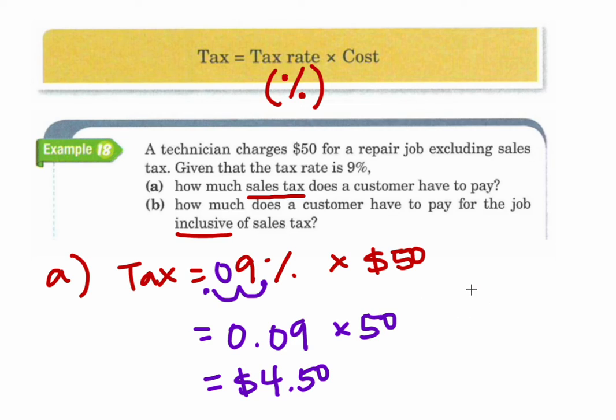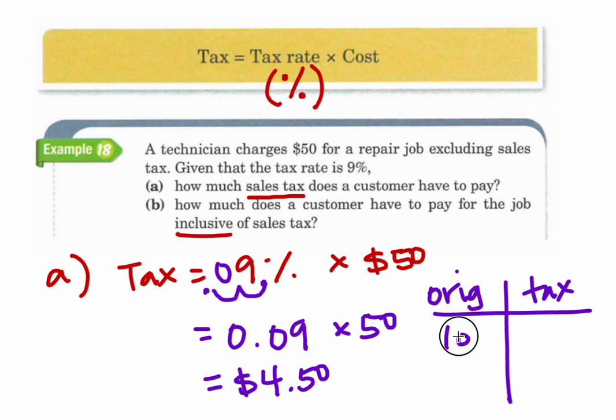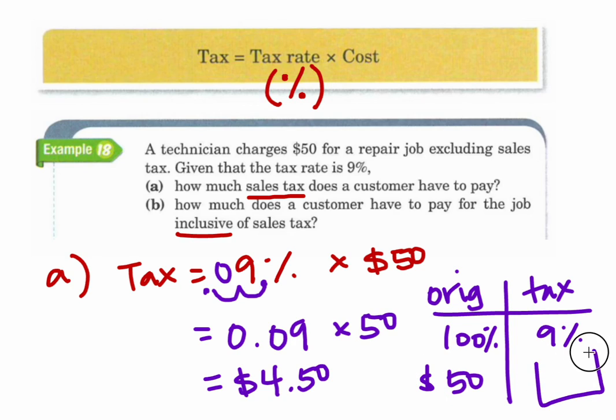However, if you didn't want to do that, you could also make yourself a table. It'll tell you the original and the tax. So your original is always going to be 100%. Your tax is 9%. The original bill was $50. And then you can look for your patterns to figure out the answer. So this is 100 divided by 2 to get there.